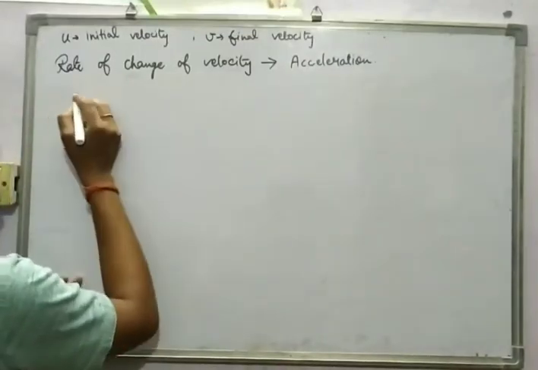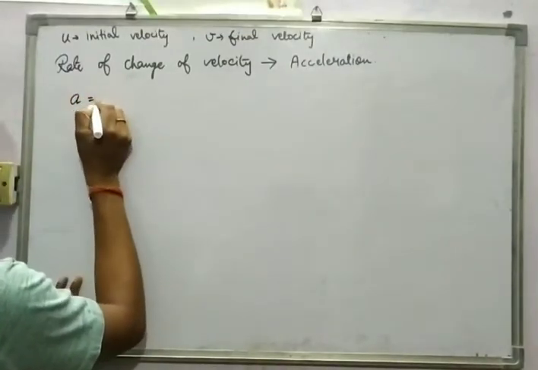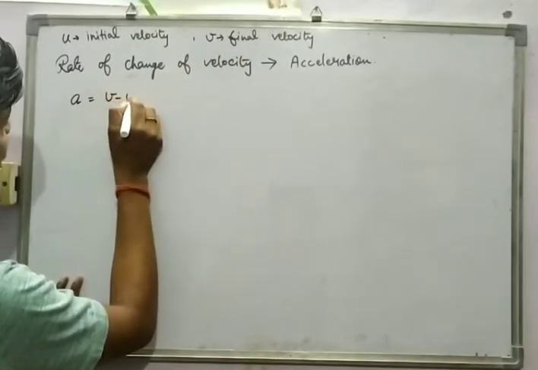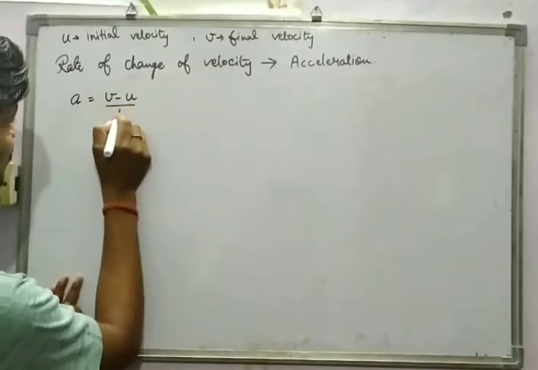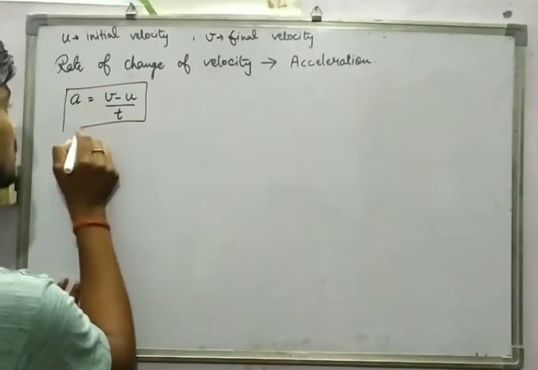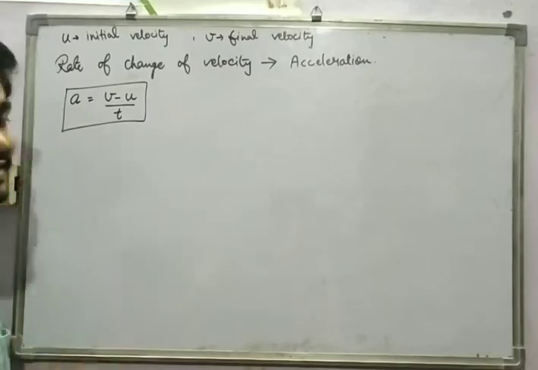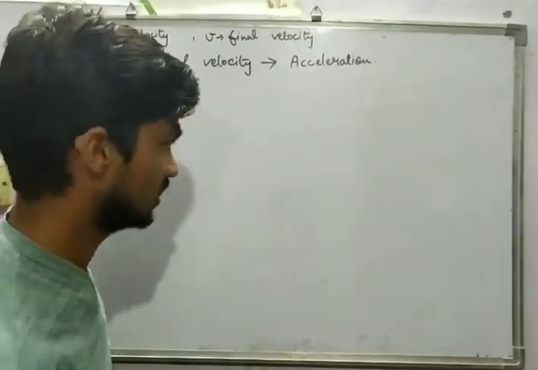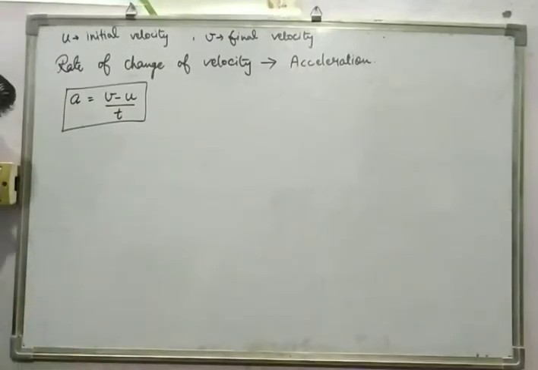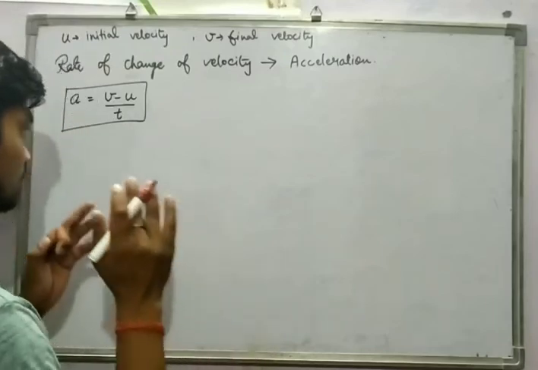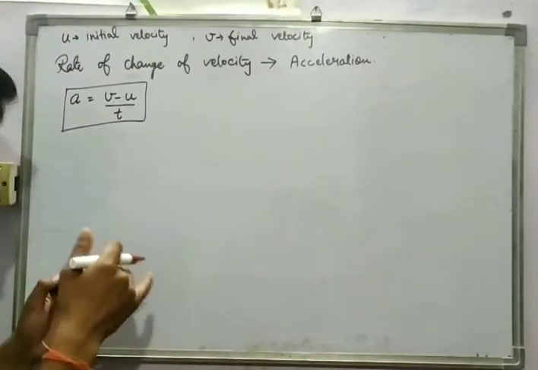So if it is represented by a, small a, this I have called final velocity minus initial velocity divided by time t. So this is known as acceleration, that is the rate of change of velocity. Further, it is not increasing the velocity all the time. So how it is increasing and how it is decreasing, let us see.